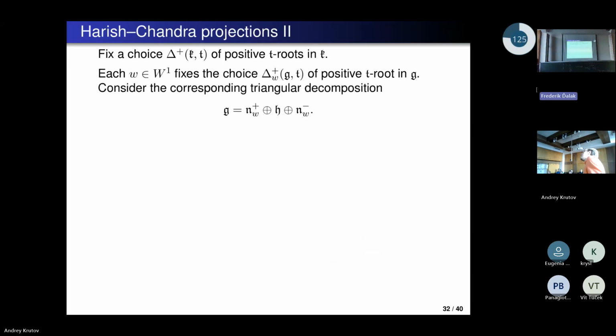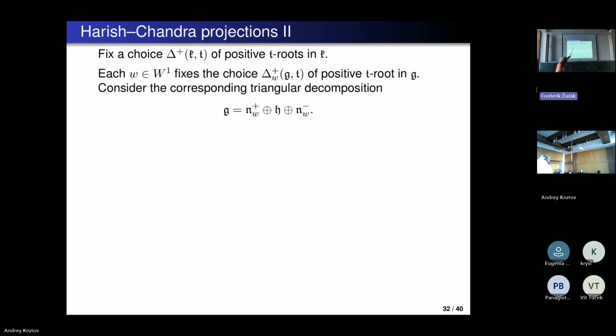Then we can do the same for our symmetric pairs. Remember what W1 was: minimal coset representatives of the quotient of two Weyl groups. Every element of this space defines a way to extend positive roots of K to positive roots of G. It's not necessarily unique.